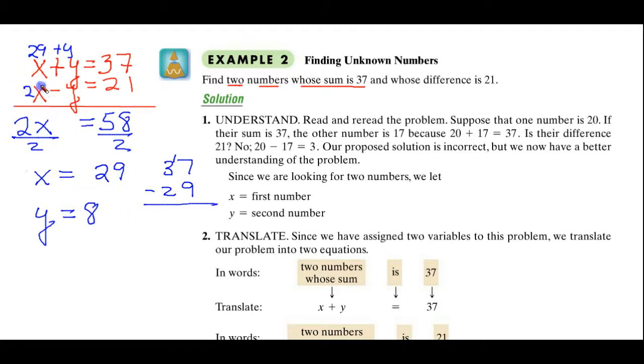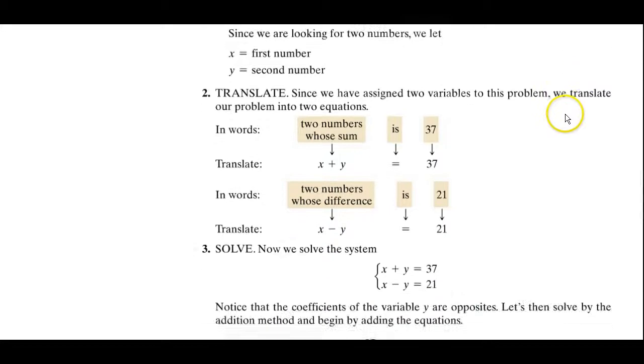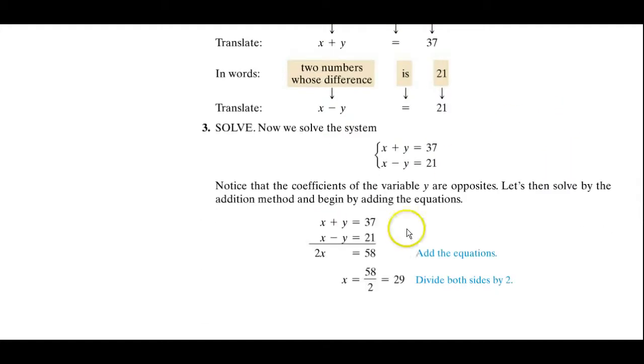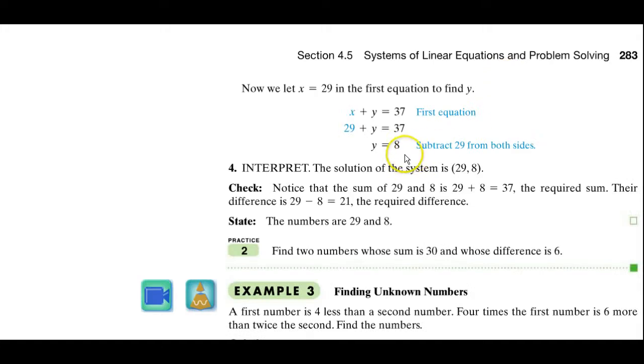If this is 29, 29 minus 8, is that 21? Yes. So our ordered pair, or our two numbers, are 29 and 8. Again, they're starting us off with a rather easy one, but showing you the technique and using the skill of problem solving again. So there's our 29, and there's our 8.